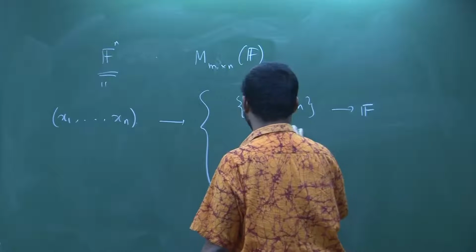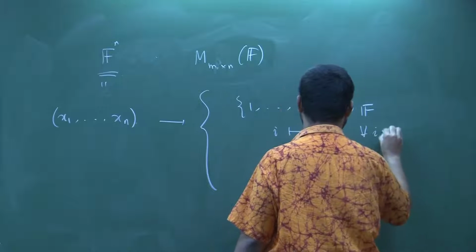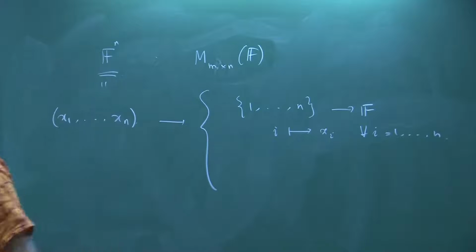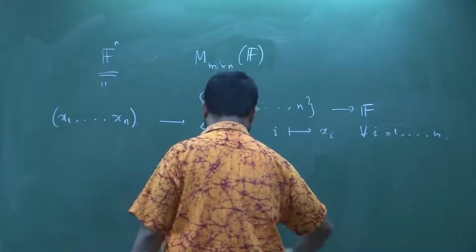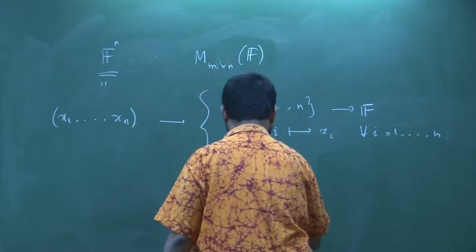The map sends each i to xi. So, given a tuple x1 up to xn, I can consider a map from 1 up to n to F, sending each i to xi. Okay, fine. And then what we can do is, suppose a map is given to us.